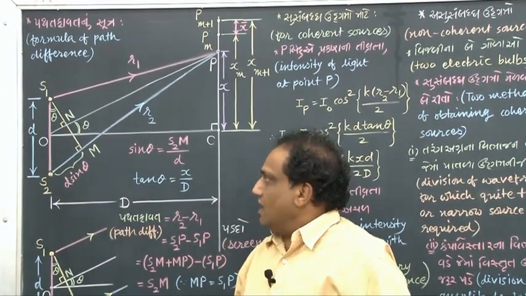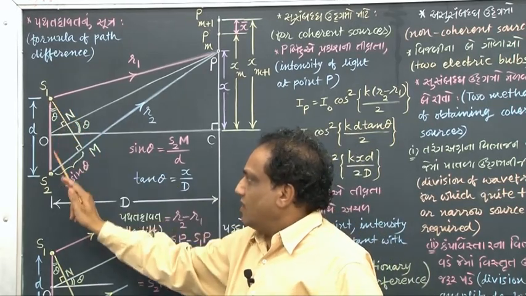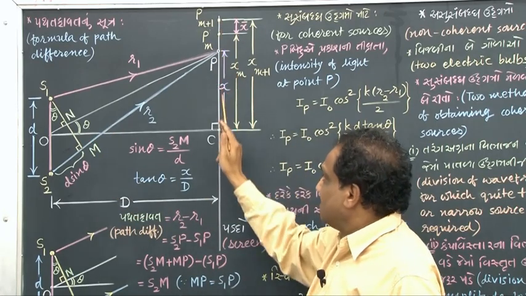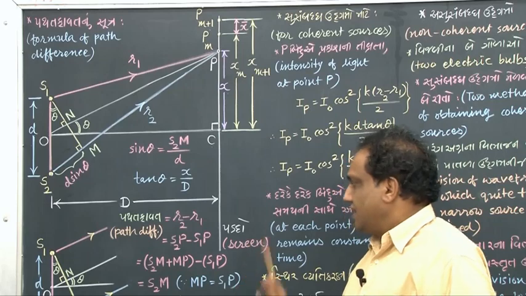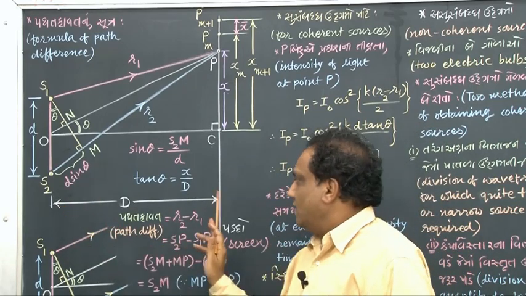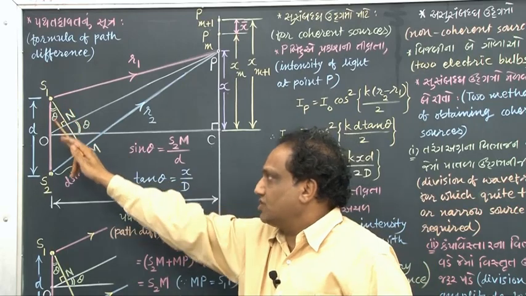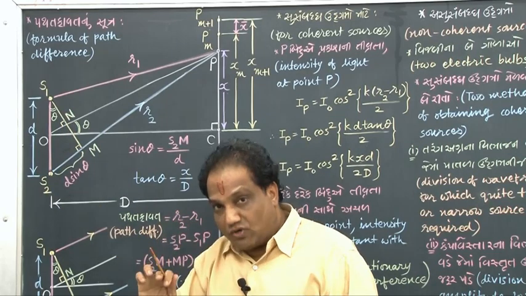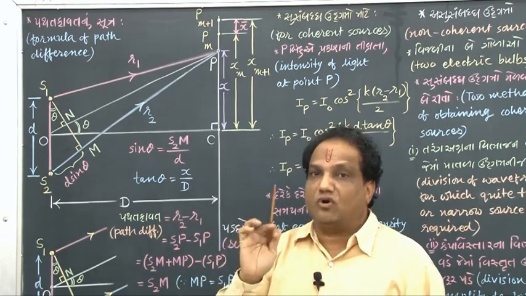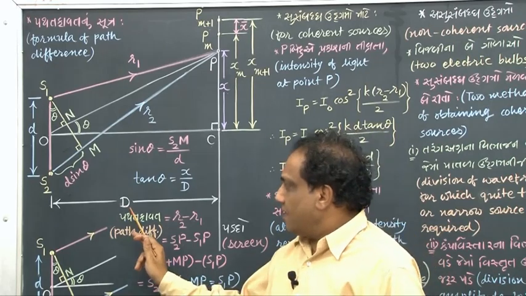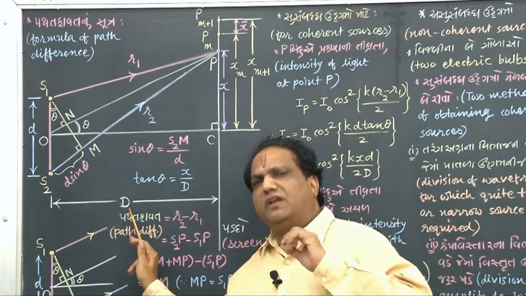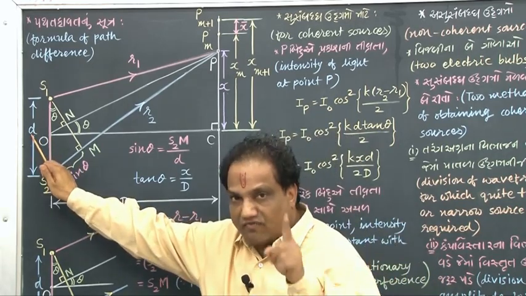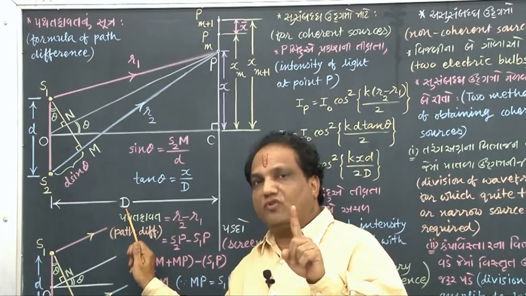Now, in front of these two point-like sources, I place one screen. This is the screen, placed at perpendicular distance capital D from these sources. Mind well, this small d distance is very small, of the order of a tenth of a millimeter, and this capital D distance in comparison is very large, of the order of a meter.